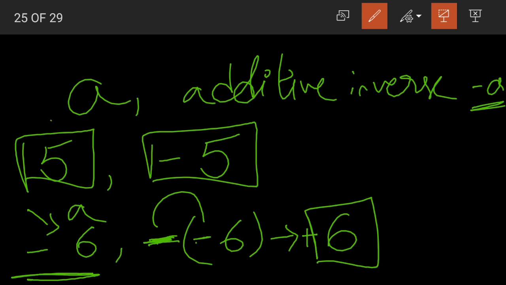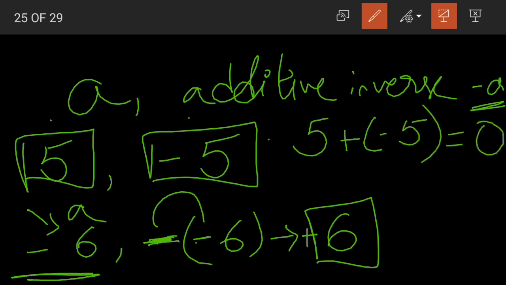Now what is the condition that an additive inverse should satisfy? When we add a number with its additive inverse, like 5 plus of minus 5, the answer should be 0. Is this correct? 5 plus of minus 5, is it equal to 0? Yes, it is equal to 0. Plus into minus becomes minus, then we have 5.